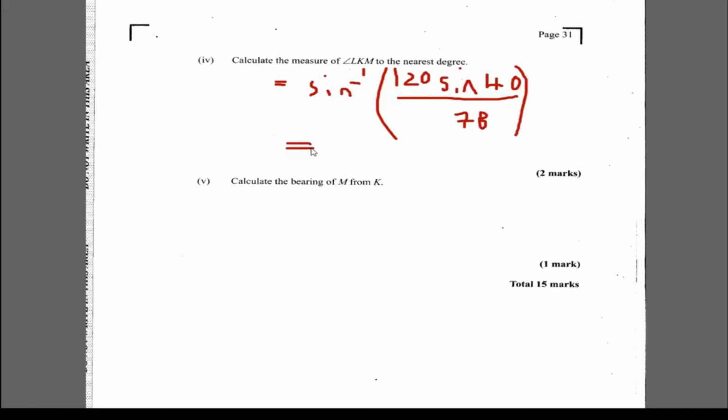When you work that out, 120 sine 40 divided by 78, then sine inverse, I'm getting 81 degrees.